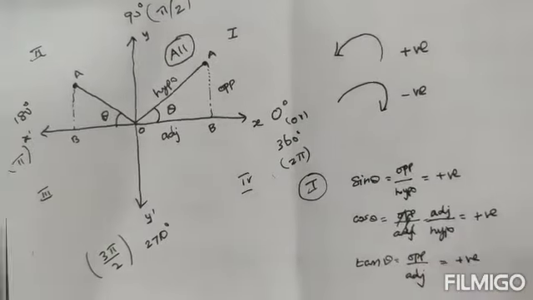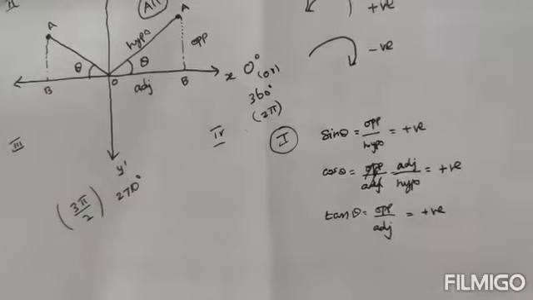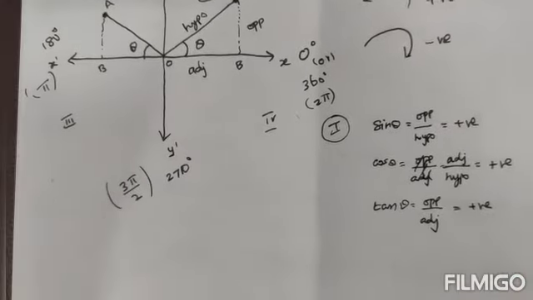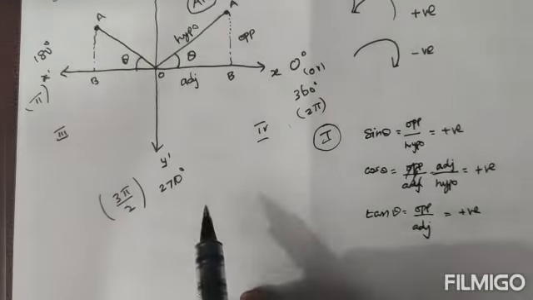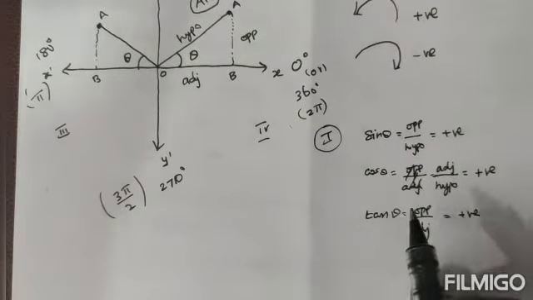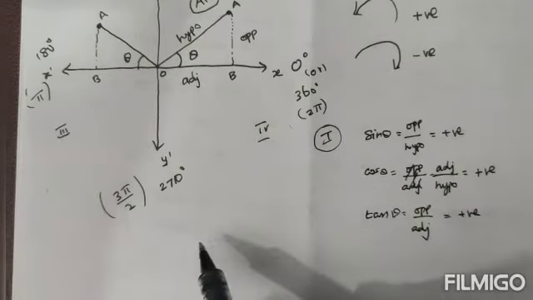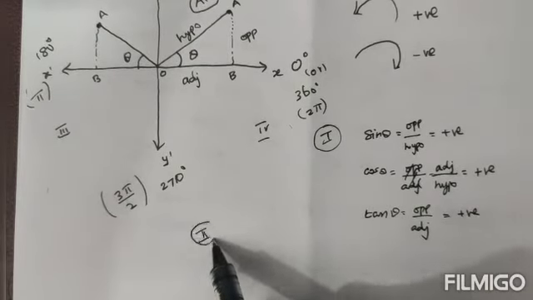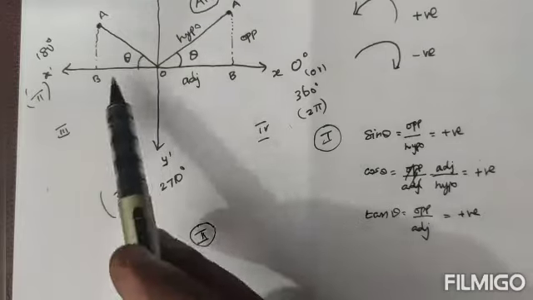Next I can write for the second quadrant. So side by side I explain. Now I can write for the second quadrant.